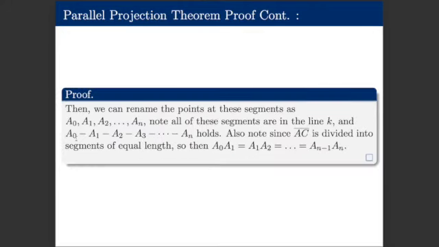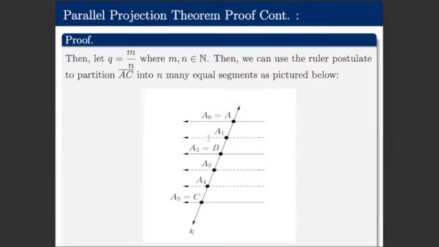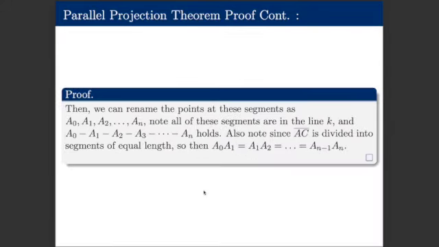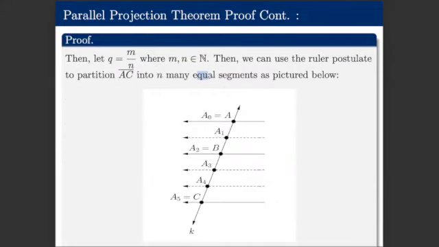It's also important to note that A0 to A1, A2, A3, and so on, all the way to An also holds. So they are in order as shown on this line. It's also important to note that AC is divided into segments of equal length, as I highlighted here.